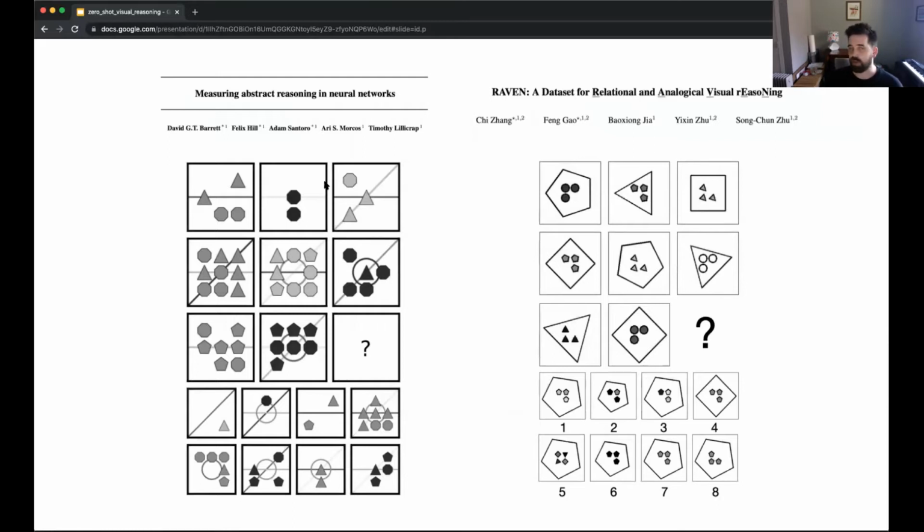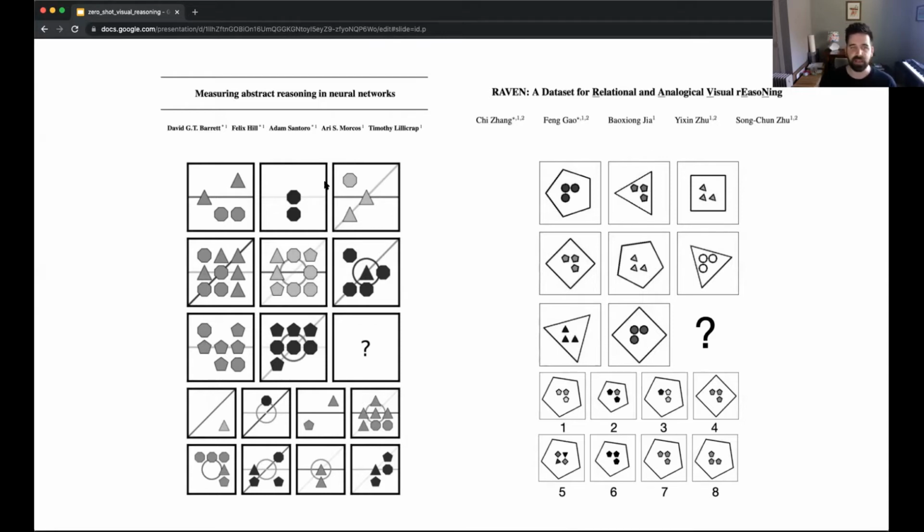So just a bit of background about the work that's been done so far on modeling these kinds of problems. One recent line of work comes from the deep learning world, where there's been a recent interest in the question of whether neural networks can solve these sorts of problems. Of course, deep learning is generally very data hungry. So in order to get deep learning algorithms that can solve RPM problems, one needs data sets consisting of a pretty significant number of these kinds of problems.